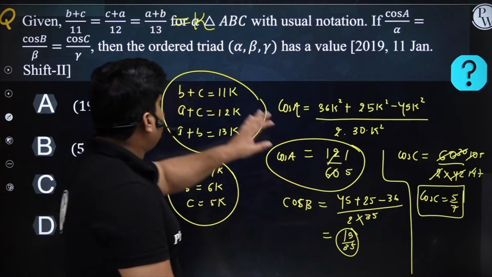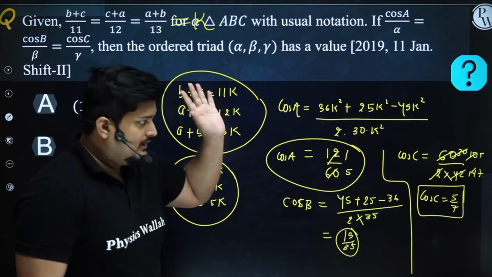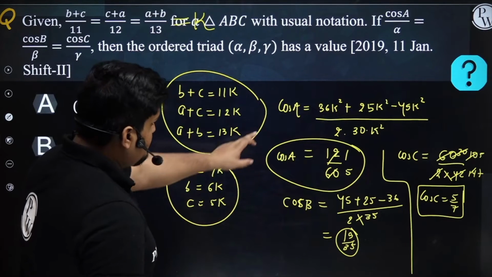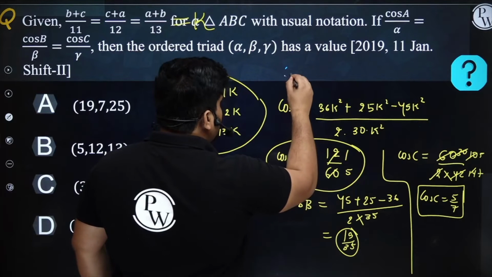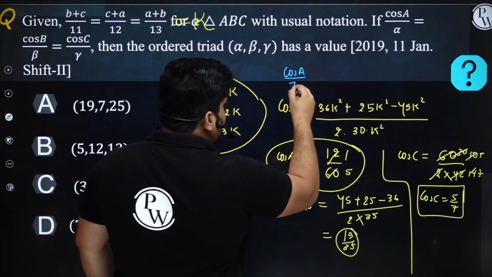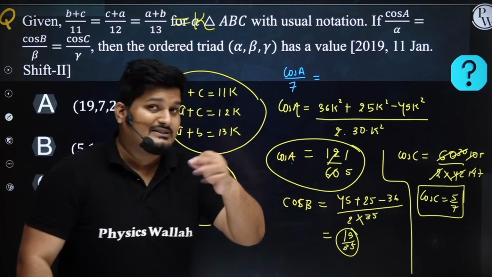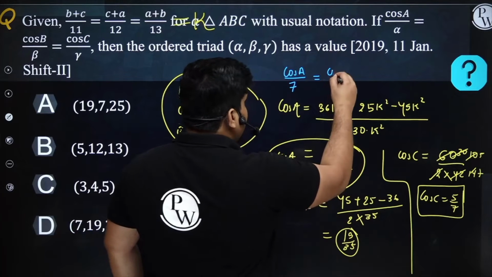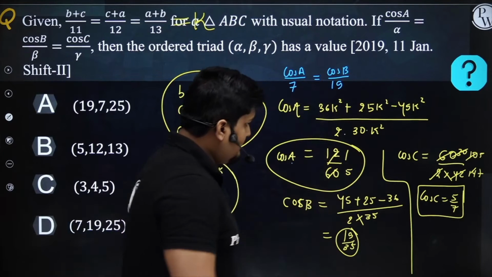Now we need to write it in this form: cos A upon alpha is equal to cos B upon beta is equal to cos C upon gamma. So to write in that form, what result can we use? You see, cos A is 1 by 5, so can I say cos A by 7 will become 1 by 35? Cos B is 19 by 35, so cos B by 19 is also 1 by 35.